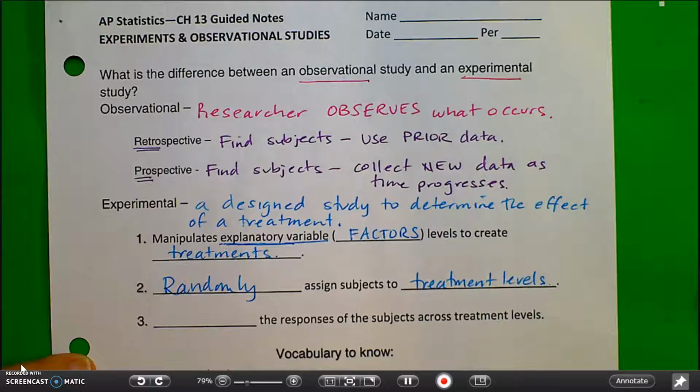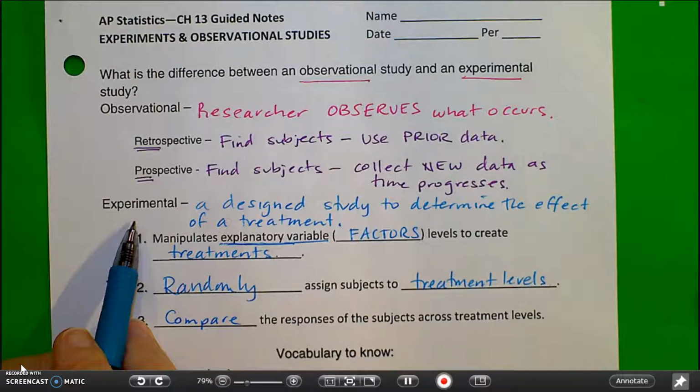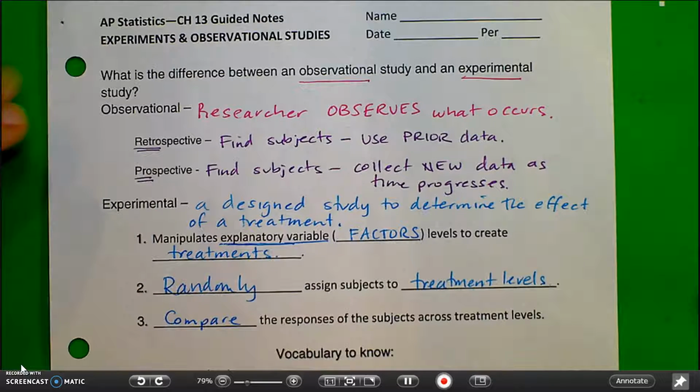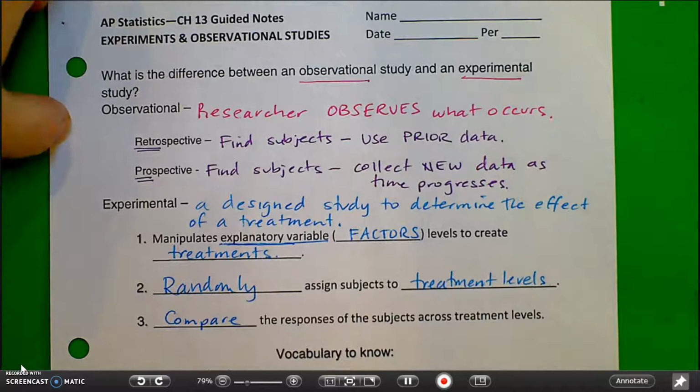We'll talk about some examples as we go. Finally, once the treatment has been applied, you look at the results of that treatment. So you compare the responses of the subjects across the treatment levels and get the results of your experiment that way. Okay, so two types of studies: observational study, experimental study.